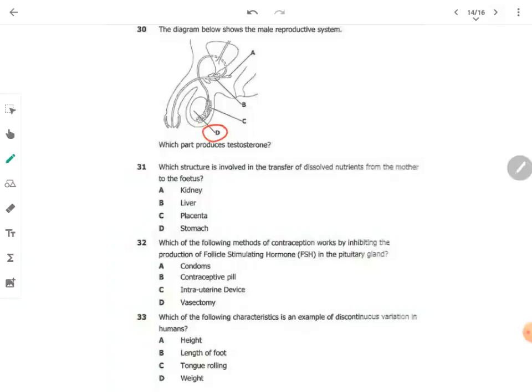Which structure is involved in the transfer of dissolved nutrients from the mother to the fetus? From the mother to the fetus is the placenta. Which of the following methods of contraception works by inhibiting the production of follicle-stimulating hormone in the pituitary gland? It's the contraceptive pill. People take what we call morning after pills or emergency pills.